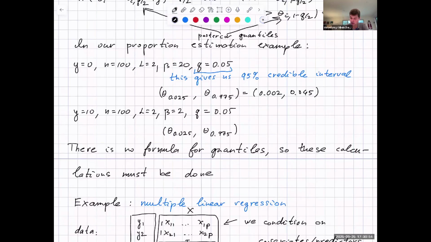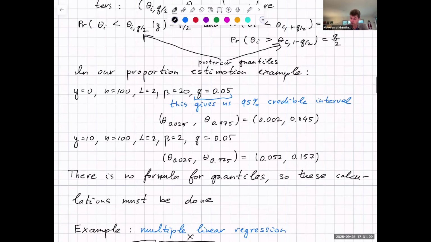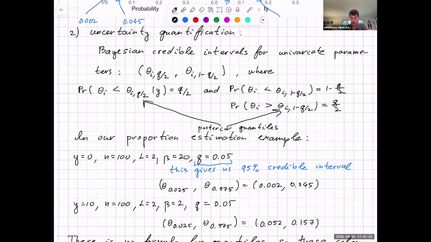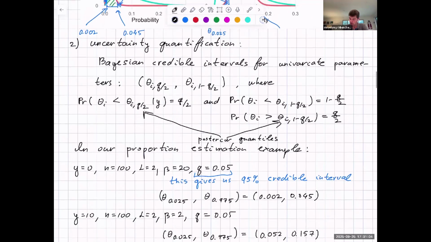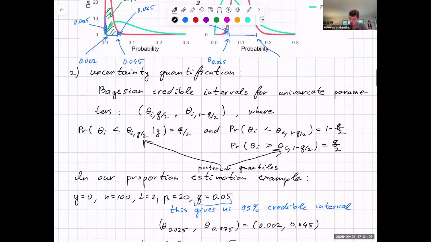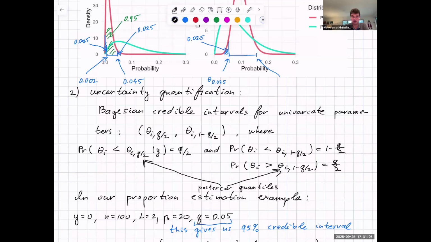These quantiles came out to be 0.052 and 0.157.